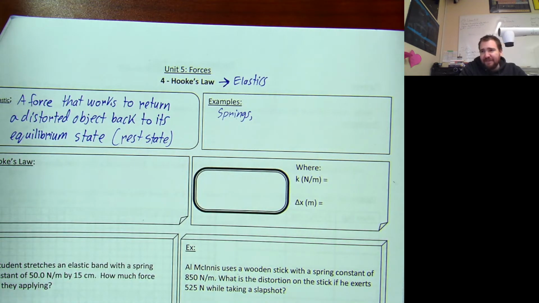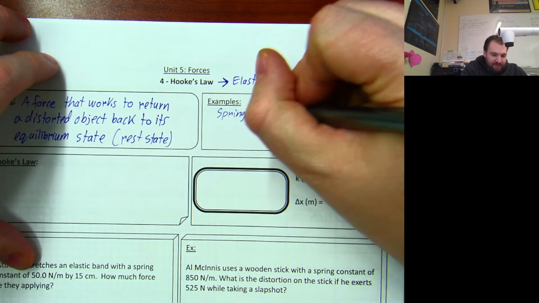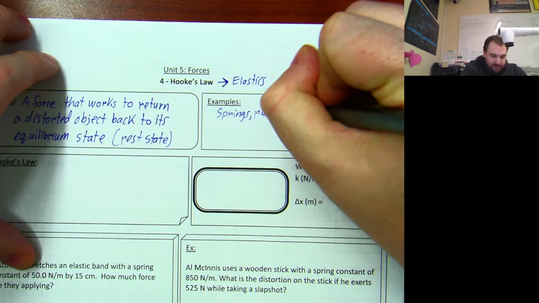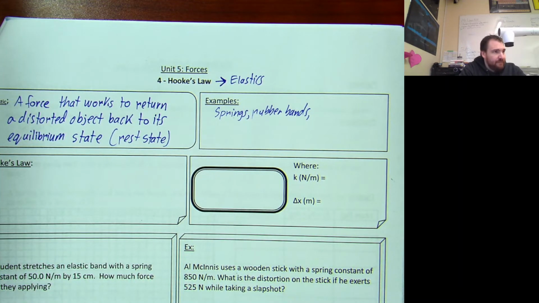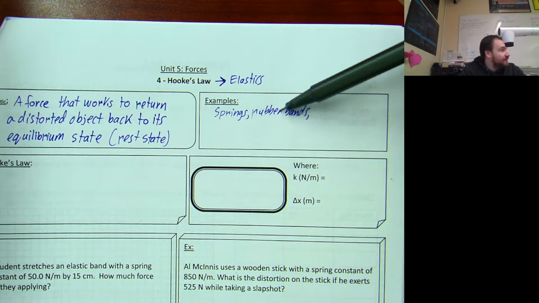Give me more examples of things that behave elastically. Yeah, rubber bands, which we're going to play with today. What else? Anything with rubber in the title? I would say like the money elastics that are used to put money together. Yeah, we call those rubber bands as well. Okay.